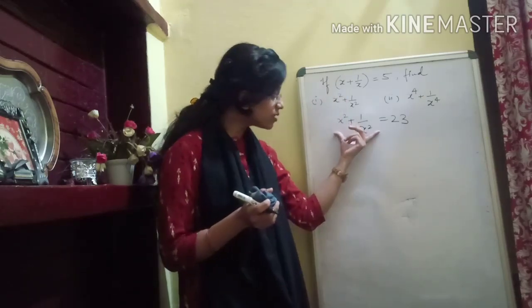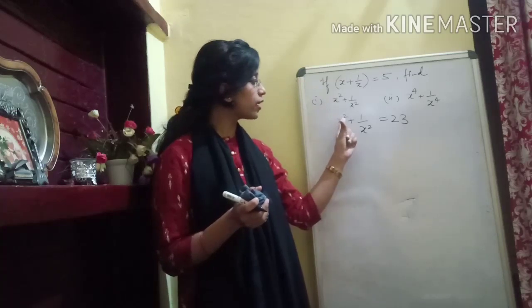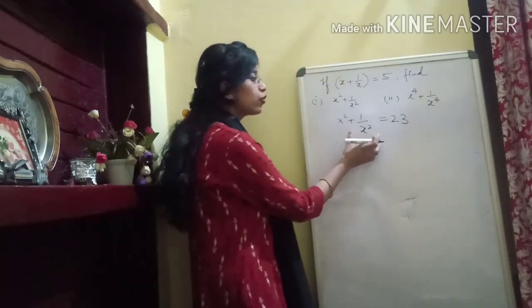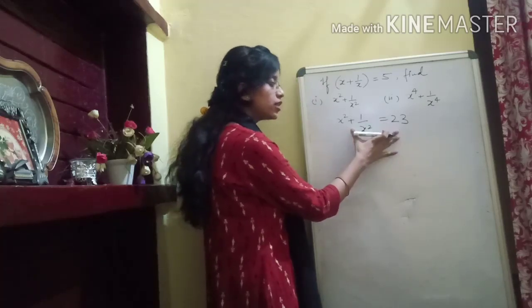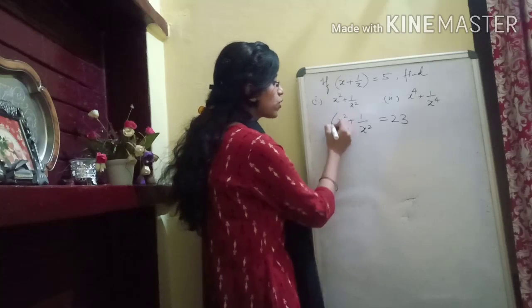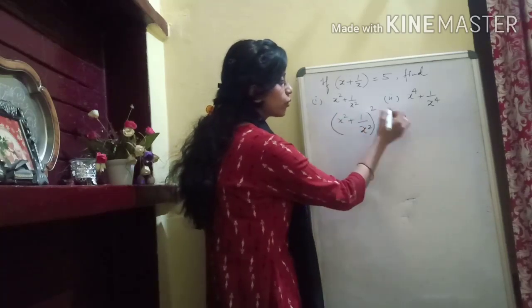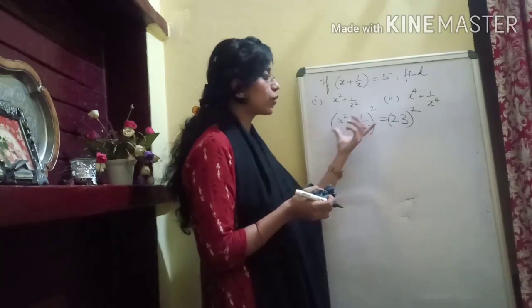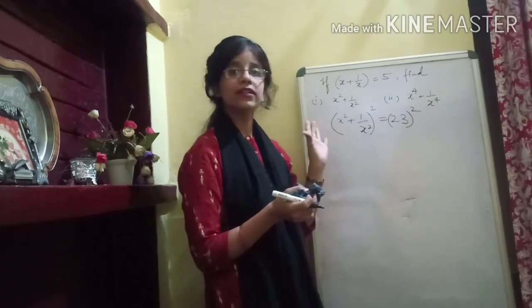If you square this term, of course the square and the power 2 will give you power 4. That means eventually we are going to use this information and we are going to square both sides. So when you square both sides, here we are squaring both sides. Is it clear everyone that we have to square both sides and it should be like this?